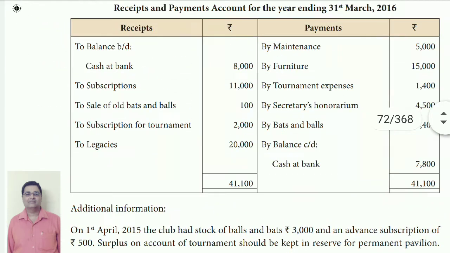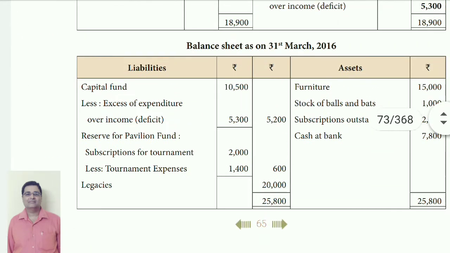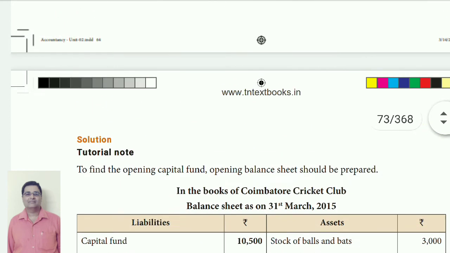Next one, subscription for tournament rupees 2000. Tournament mention means it will come in the liability side. So 2000 rupees we have to write in the liability side. See here, subscription for tournament rupees 2000.